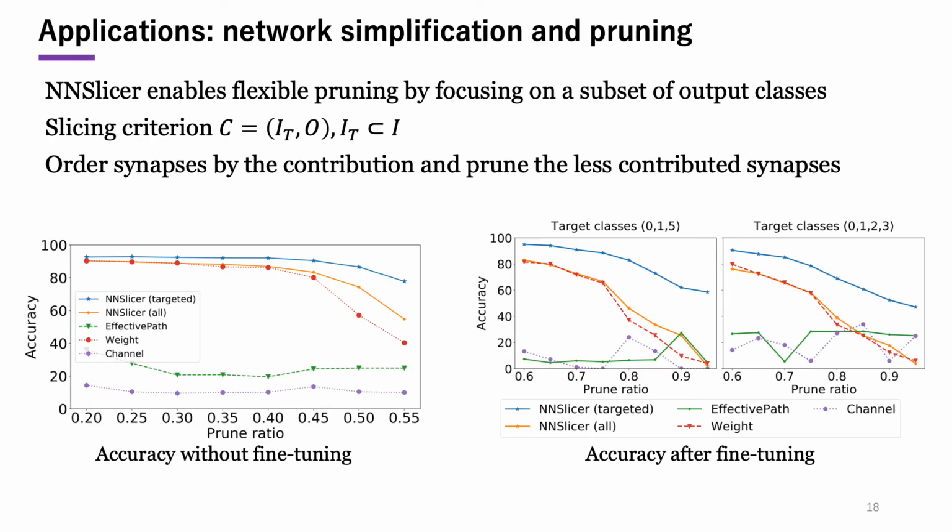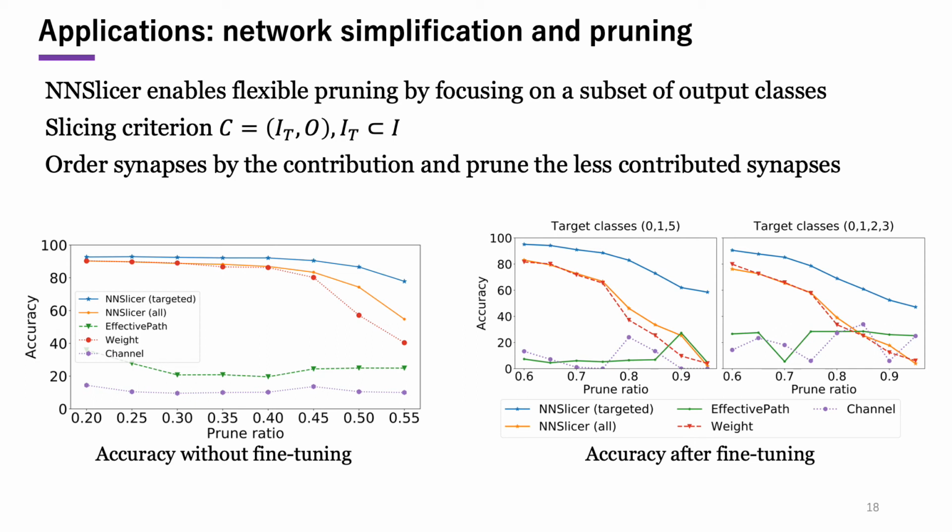NNSlicer can also be used to prune and simplify networks. Existing network pruning methods focus on reducing the network size for all the output classes, but NNSlicer enables a more flexible pruning scheme on a targeted subset of output classes.